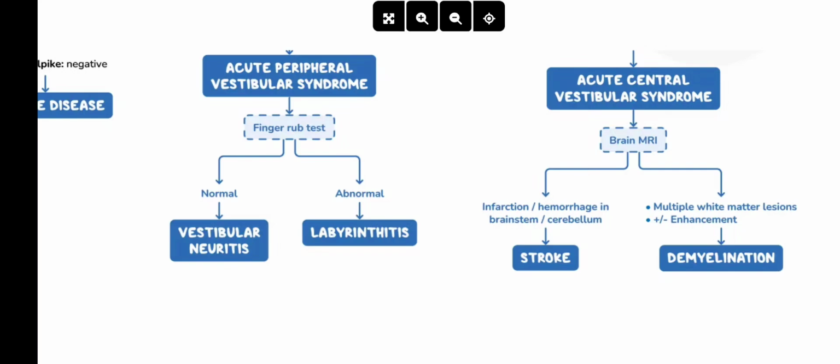But if the patient cannot hear, it's labyrinthitis, that means the labyrinth includes both parts of the hair cells. So here you will get hearing impairment as well.